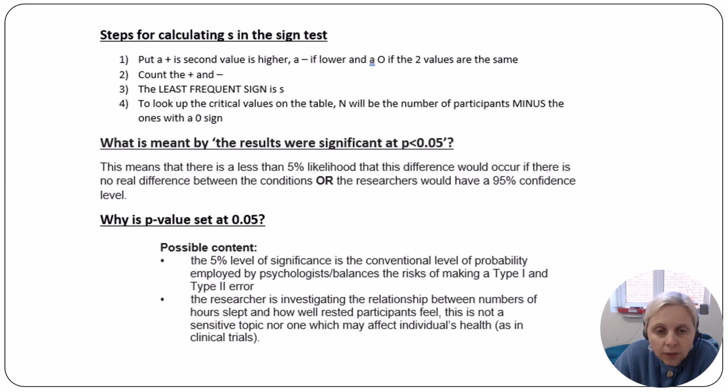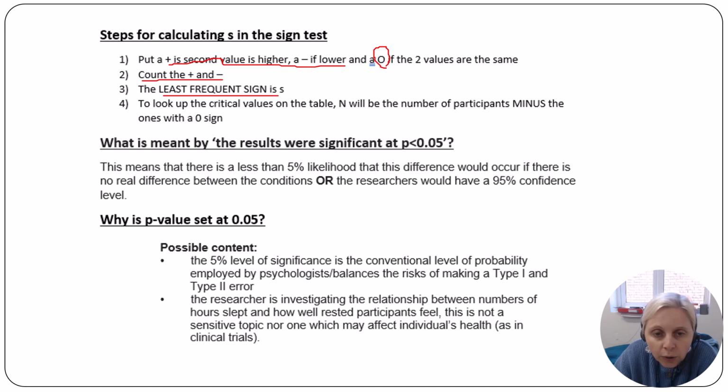As I mentioned, the sign test is the only one that you have to calculate, so just remember these steps. First of all, you put a plus if the second value is higher, a minus if it's lower, and remember to put a 0 if there's no difference between the first score and the second score. Count the number of pluses and minuses, and this is what you want to remember.